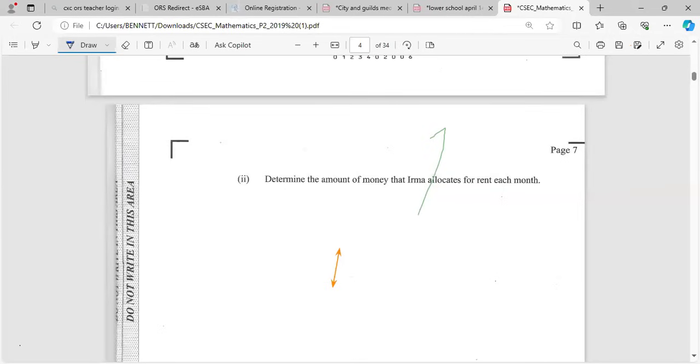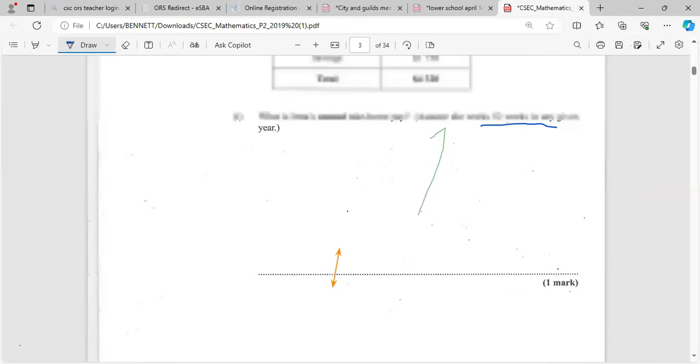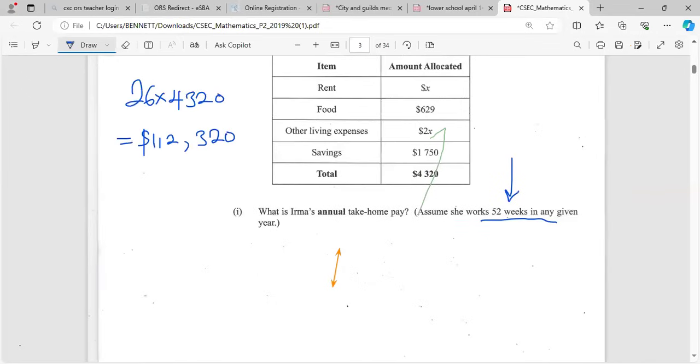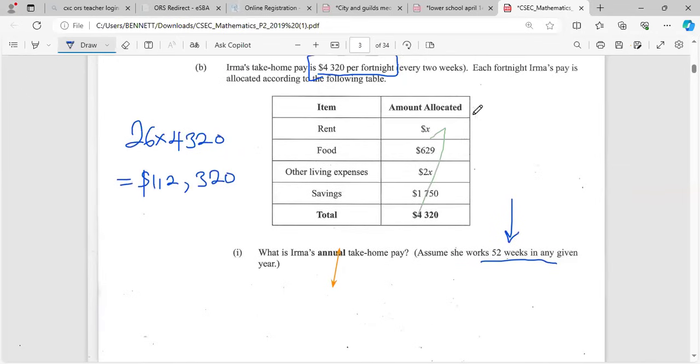All right, it said determine the amount of money that Irma allocates for rent each month. So I'm going to go back up. Bear in mind, it's rent. What's her rent amount? And they did give us that as X dollars.